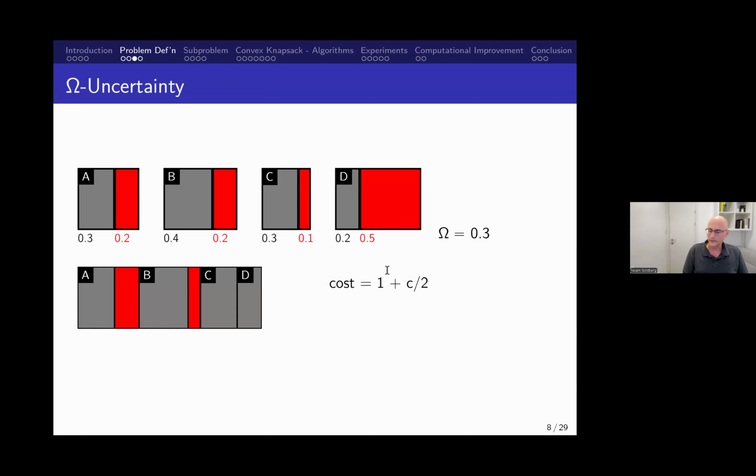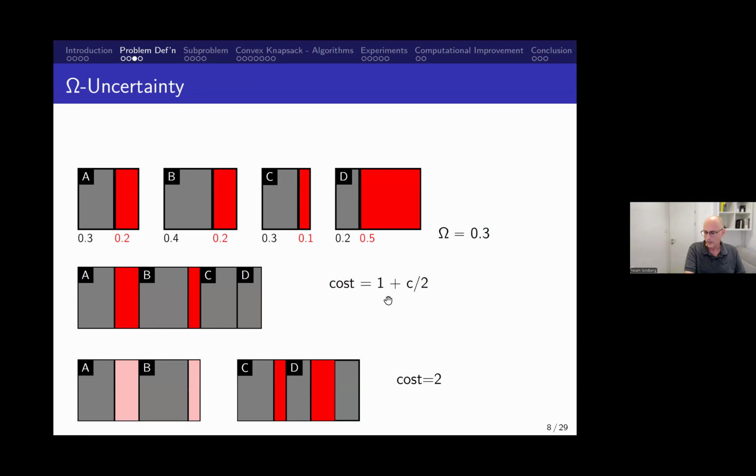So if we pack these all in one bin, our cost would be 1 plus C over 2, if my overtime cost per unit is C. That would be just because the sum of nominal sizes is 1.2, and we have the additional 0.3. If we pack them in two bins, then we would not incur any overtime in any case, so our cost would be just 2 in the worst case. So what would be optimal, of course, depends on this overtime cost, up to C equal to 2.